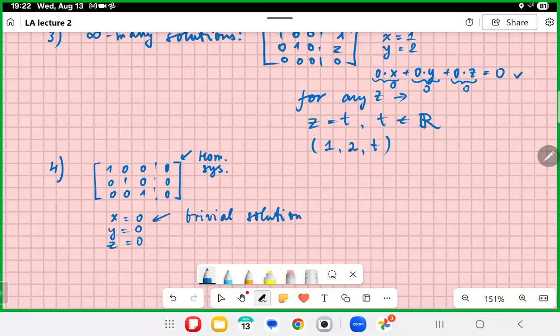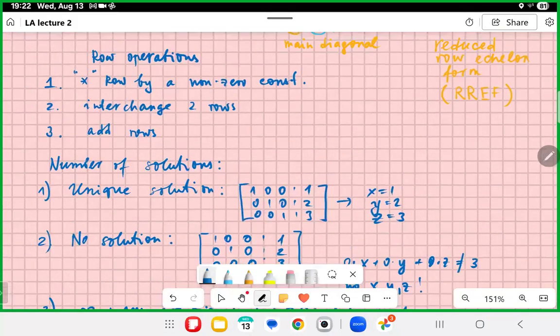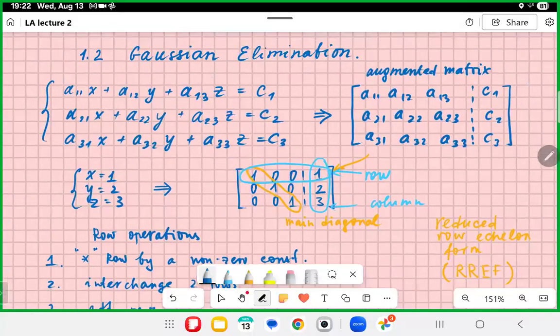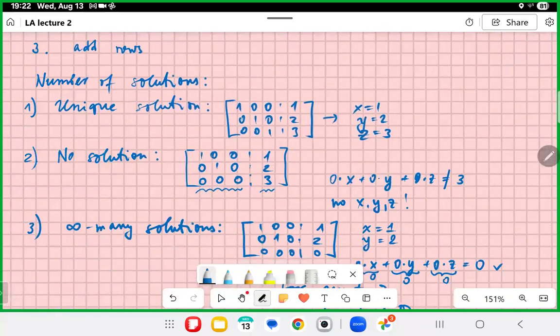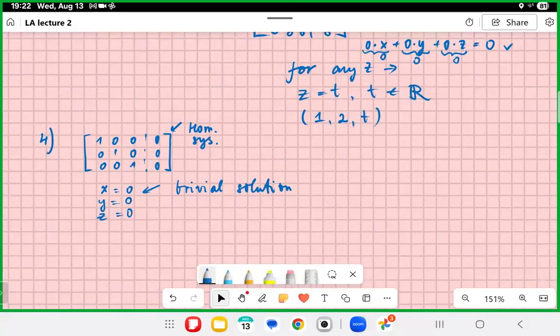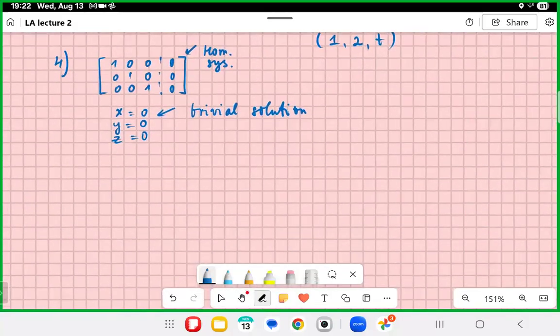Because if you plug in zeros instead of your variables in your very initial system, imagine that you have zeros instead of x, y, z, you're going to have a true statement. So the zero solution, or trivial solution, for a homogeneous system is always present. Usually we don't care much about this solution because we would like to know more interesting solutions.